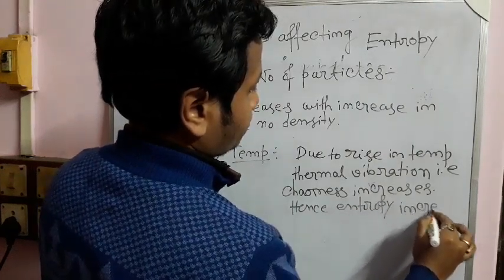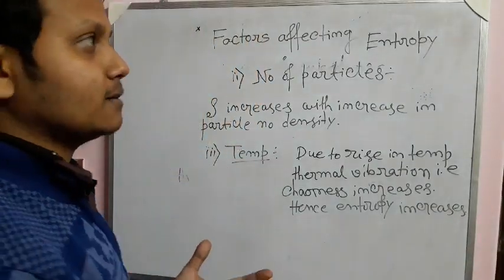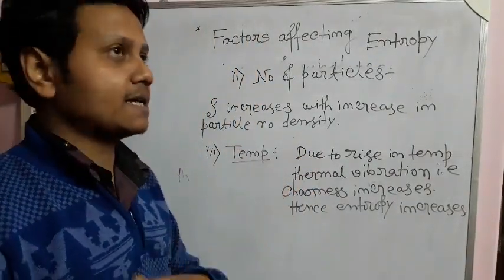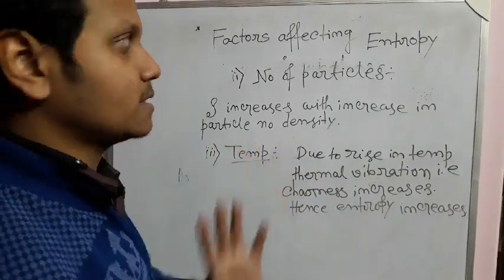Thus we see that with rise in temperature, thermal vibration increases, as a result chaosness increases, and entropy of the system increases.